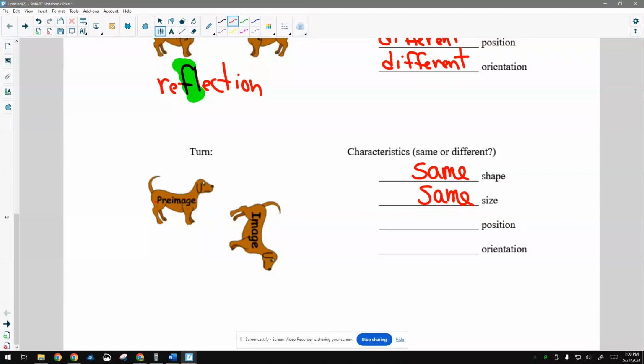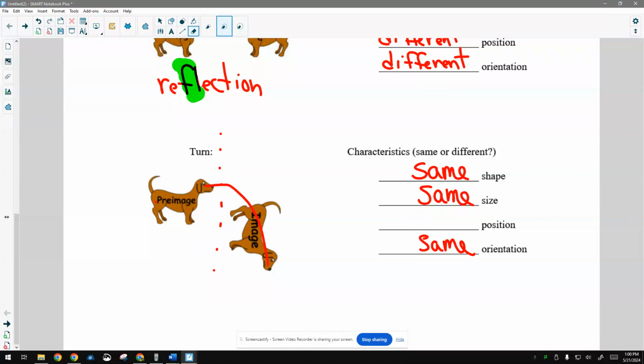Like if you picture his head is here and we flipped him, his head is still going in that same direction. We didn't flip him totally over a line of reflection, okay? So he actually has the same orientation, but he is in a different position.